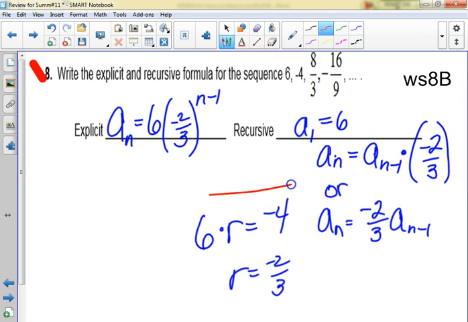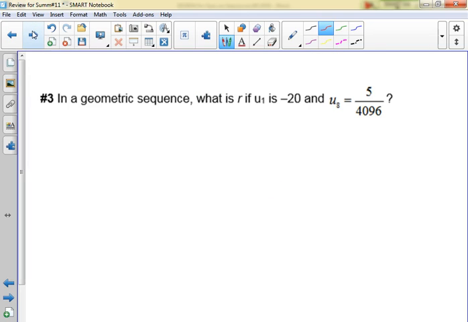Okay, this was how we found R. That has nothing to do with the answer here. Everybody good? Kind of panicking that some of you haven't done any practice and are going to be totally lost. Okay.